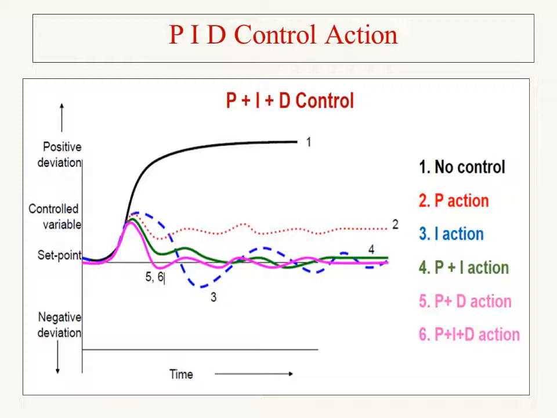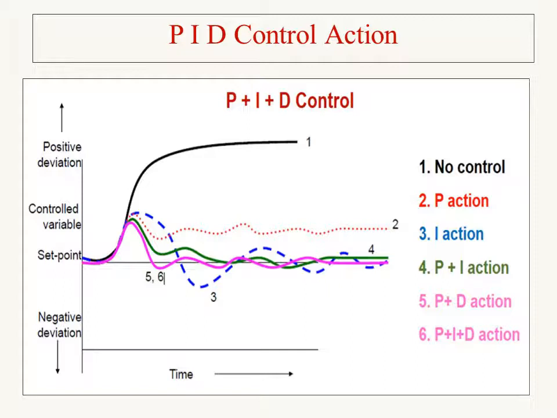If you use P plus I, in that case the error gets reduced. The oscillations may be there but the error gets reduced. So we can say that if you add I with P, the error gets minimized.